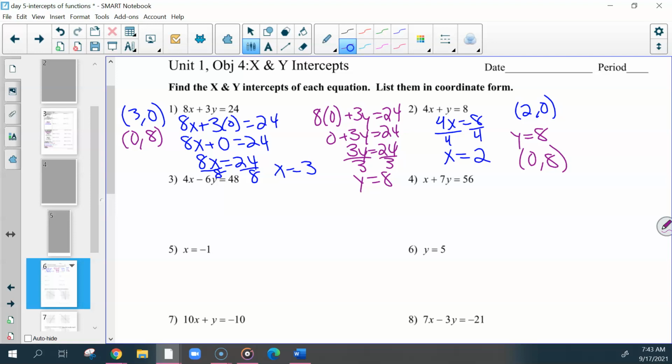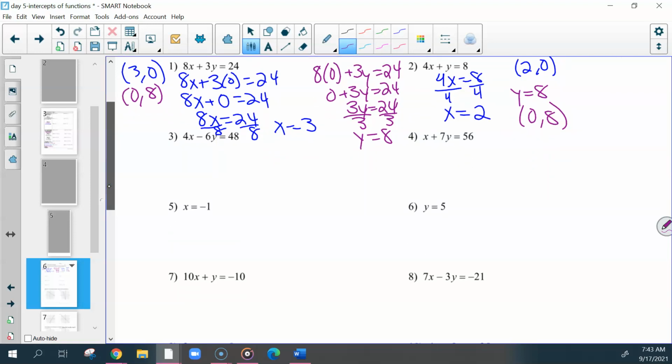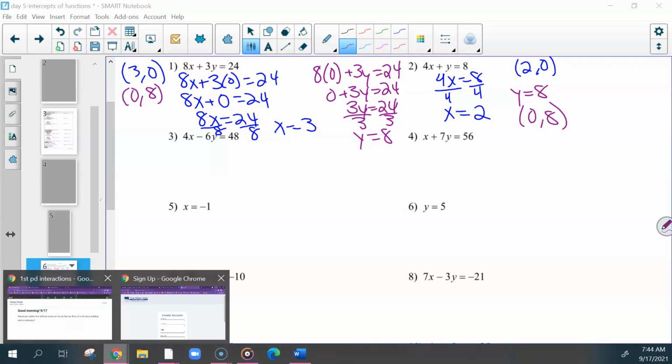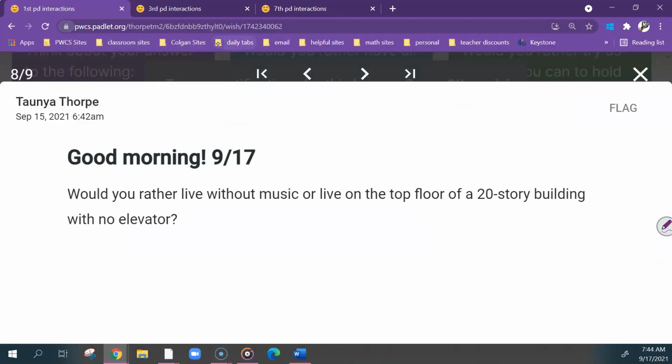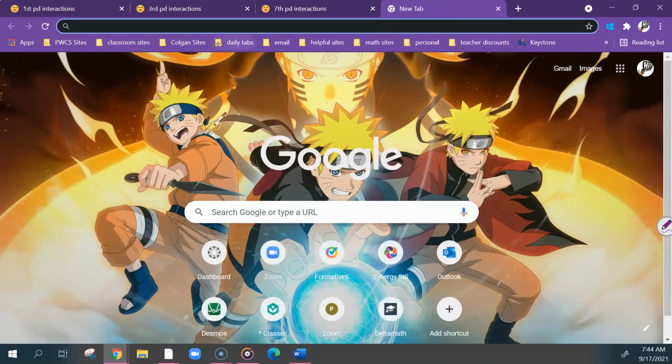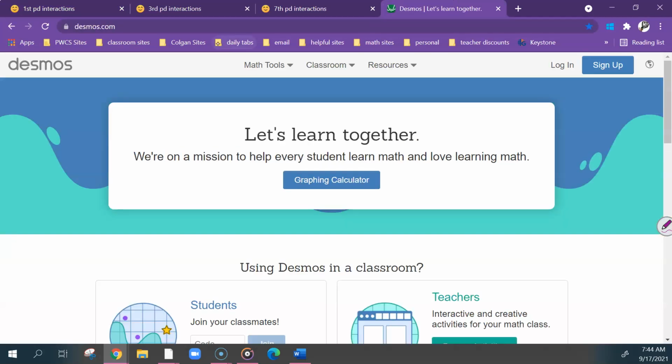So we're going to skip down to 5 and 6 because these are special case equations. Before we actually do them, I'm going to graph them just so you can see what they look like.